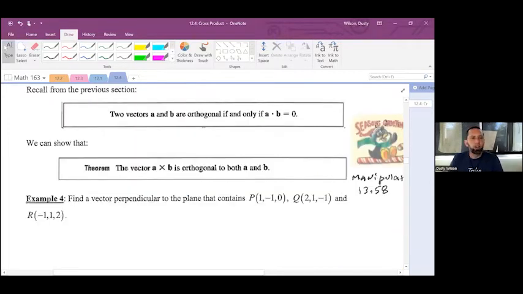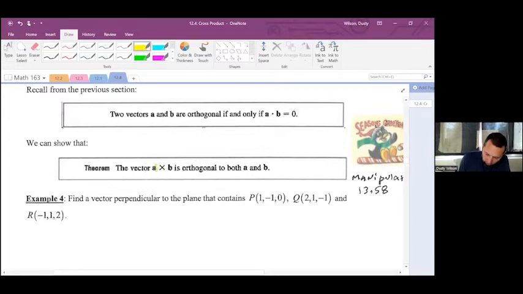Recall from the previous section that two vectors A and B are orthogonal, that would be perpendicular or normal, if and only if A dot B is equal to 0. Here, this is the 0 scalar. We can show the following theorem. The vector A cross B is orthogonal to both A and B. And so this is a big deal.